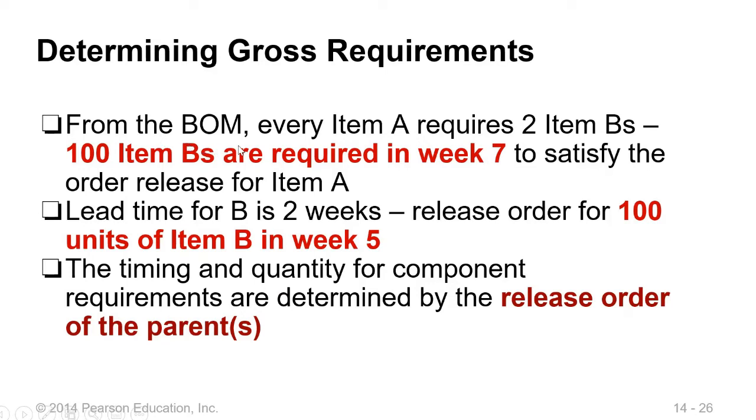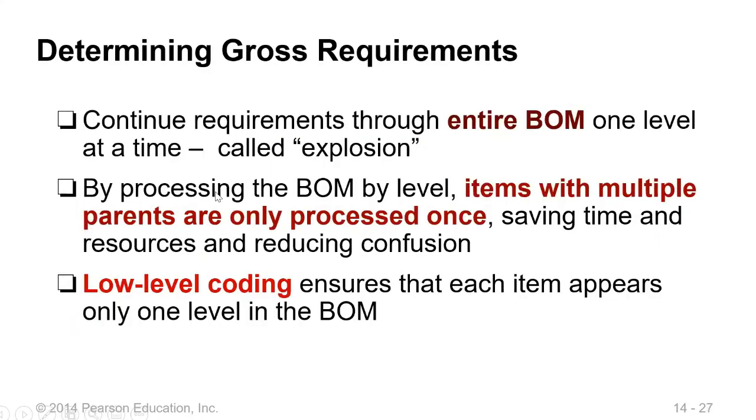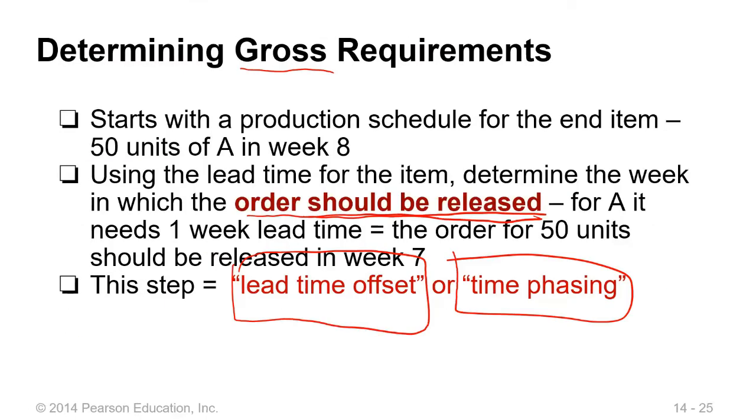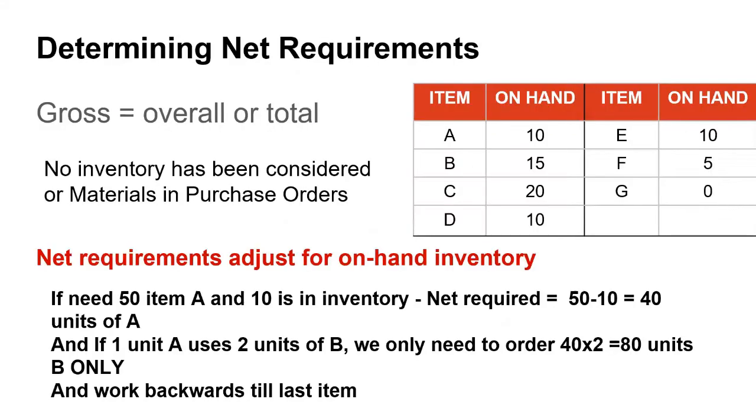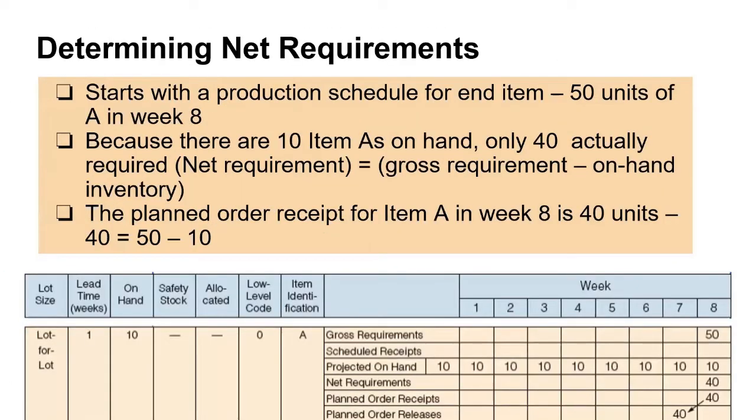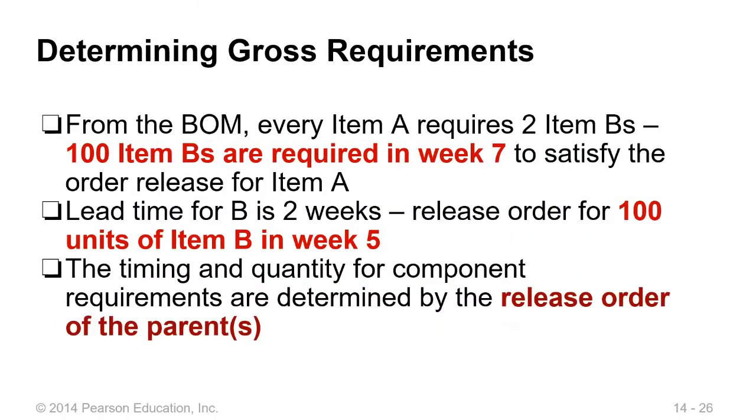From the bill of material, every item A requires 2 item Bs. Okay, this is still gross. Now, for every item A, you require 2 item Bs. 100 item Bs are required in week 7 to satisfy the order release for item A, and the lead time for B is 2 weeks.